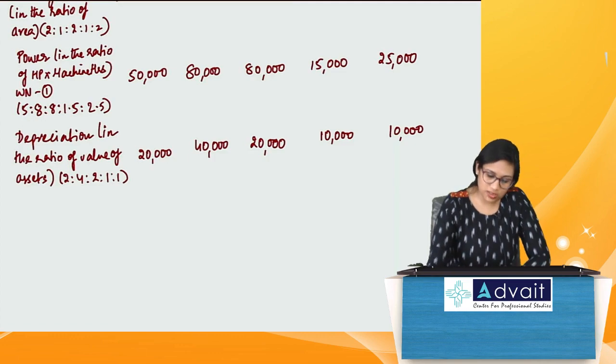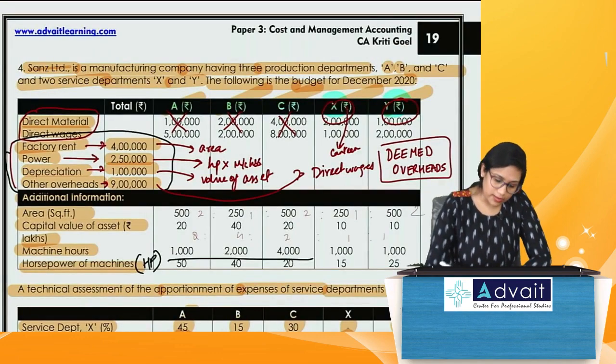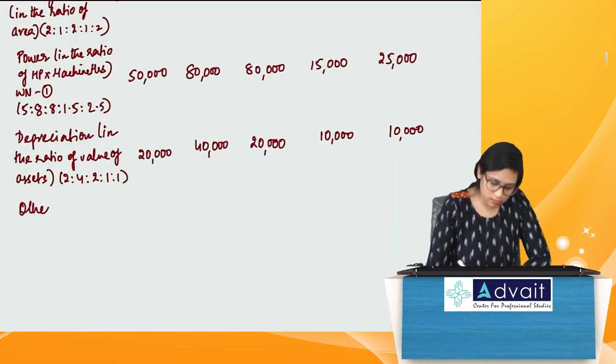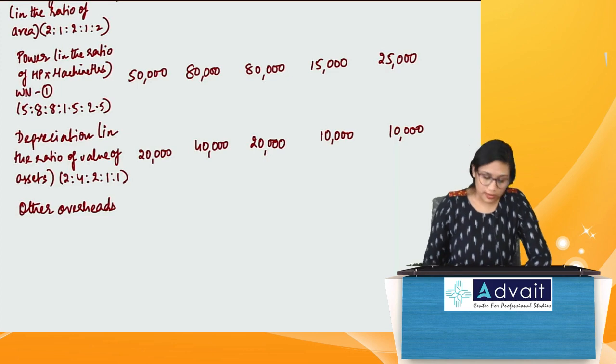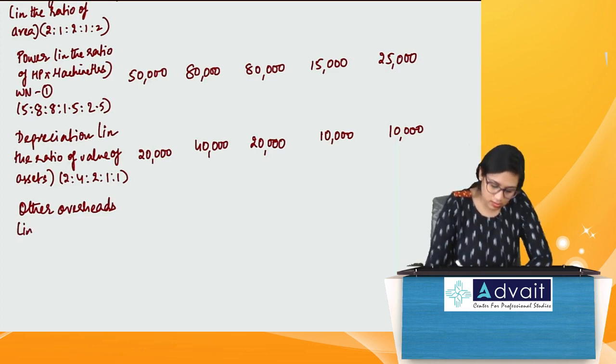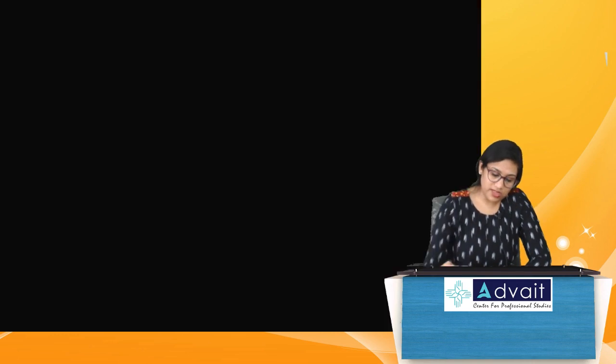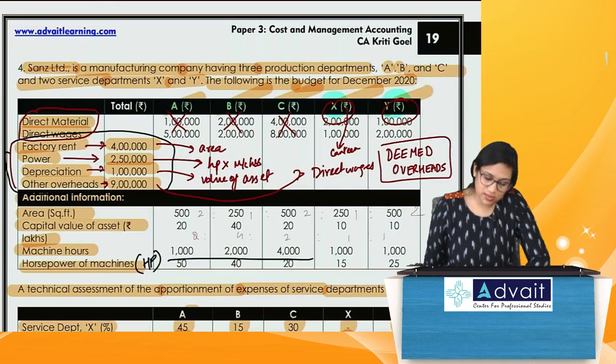Guys, next cost, other overheads. Other overheads in the ratio of direct wages. So what is that ratio? Direct wages.